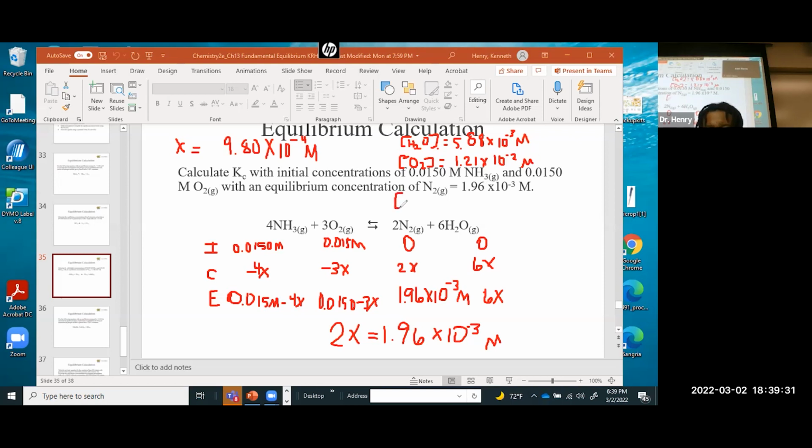Concentration of ammonia. It's going to equal this value times 4. So it's 0.015 minus 4 times 9.80 times 10 to the minus 4.